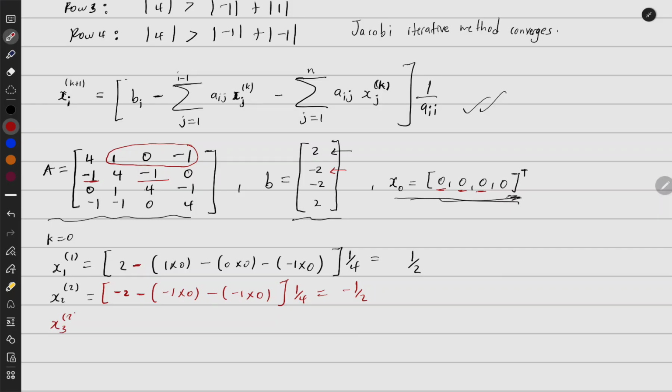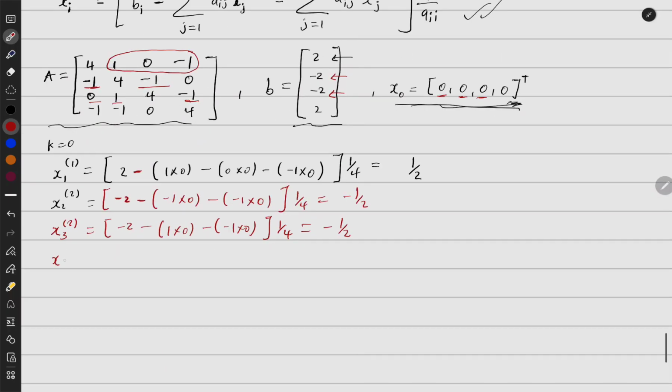Then x3: it's negative 2 minus, now here I use this and ignore that, but they are still zeros. This is also 1 over 4, so this is equal to negative a half also. Then x4, we are just on the first step.